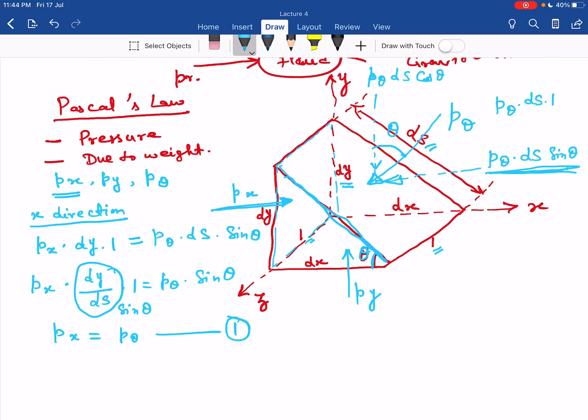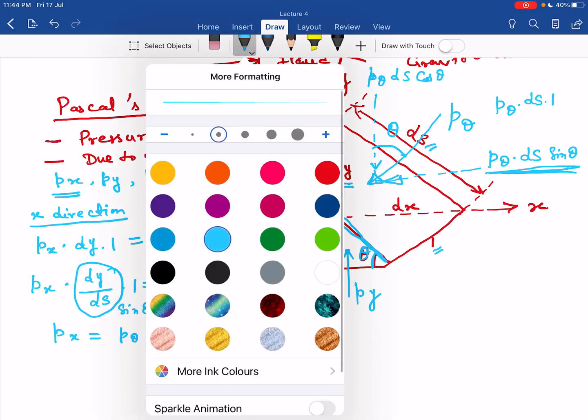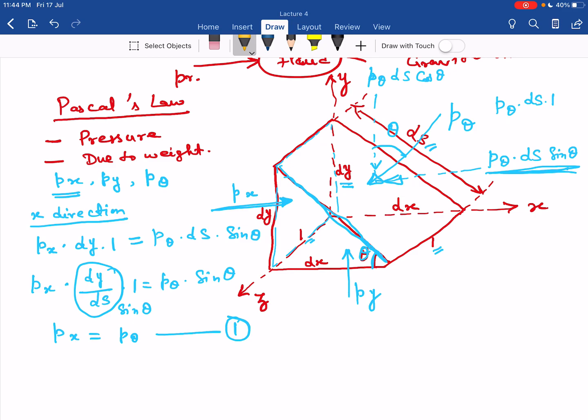Now you resolve forces along y-axis. So along y-axis we have the vertical force Py into area, this dx into 1, equal to this vertical component acting in the downward direction, p theta into ds into cos theta.